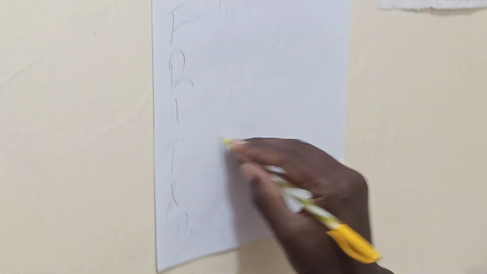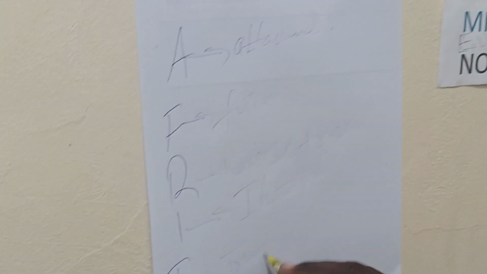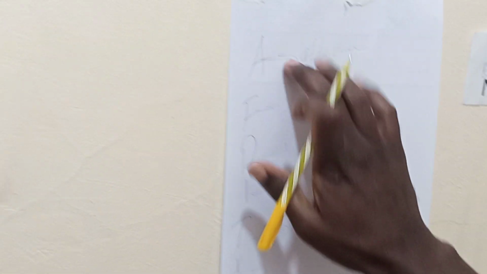Then T here stands for transcription. A here stands for assembly. B here stands for budding. Now, these are the steps. This is an acronym that is going to help you understand what the life cycle means. Now, I'm going to explain each step, from point 1 up to point B.